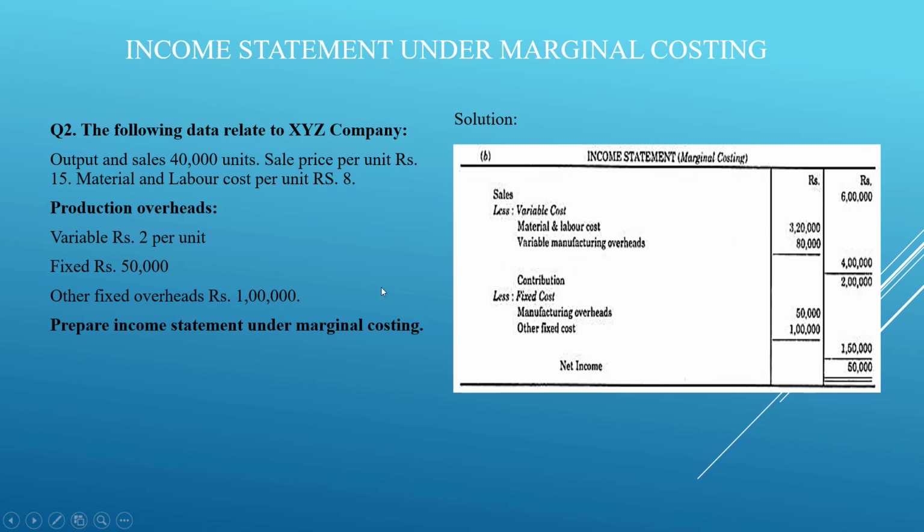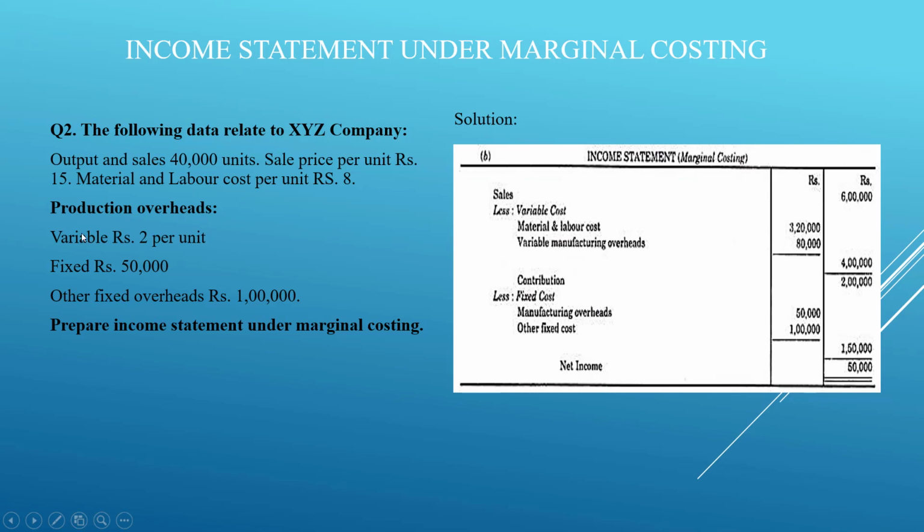Other fixed overhead is given as 1 lakh rupees, so you write other fixed cost 1 lakh rupees here. Add this to 50,000 plus 1 lakh, we are getting 1 lakh 50,000. So 1 lakh 50,000 is the fixed cost. Now from this contribution minus this fixed cost, we get the net income or net profit. So 2 lakh minus 1 lakh 50,000 is giving us the value as 50,000.